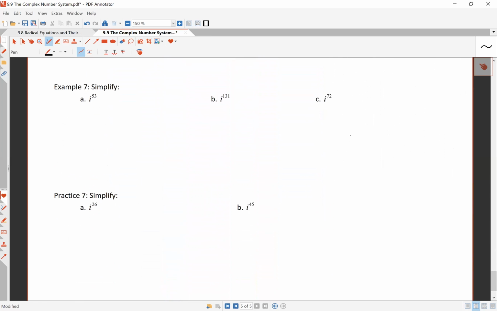So if I have i to the 53, 53 divided by 4: 4 goes into 5 once, remainder 1, bring down the 3. 4 goes into 13, 3 times 4 is 12. That's remainder 1.